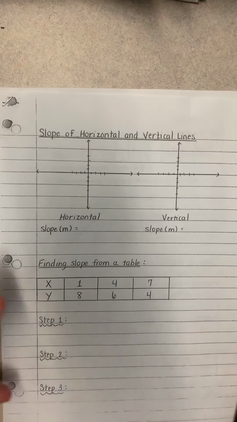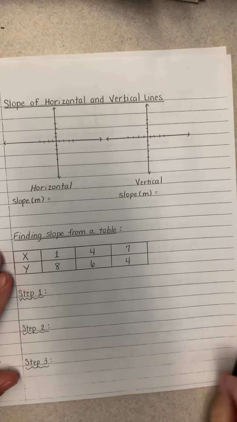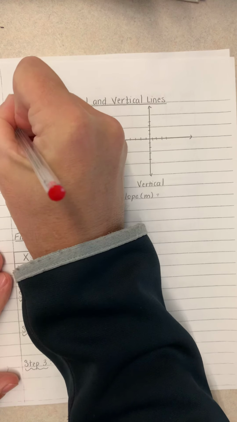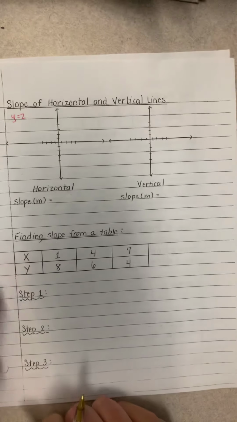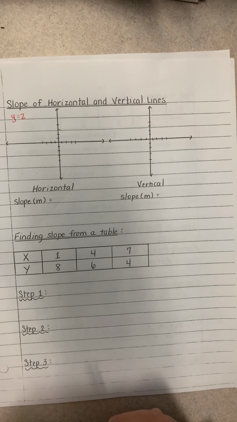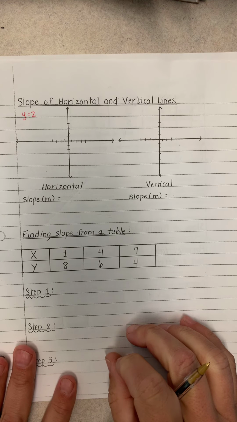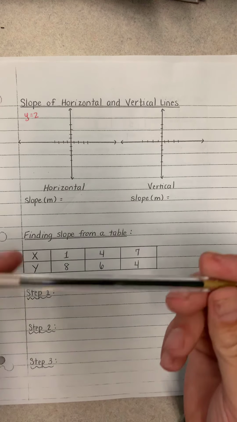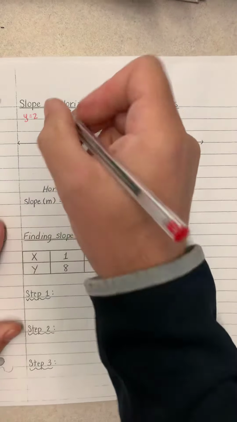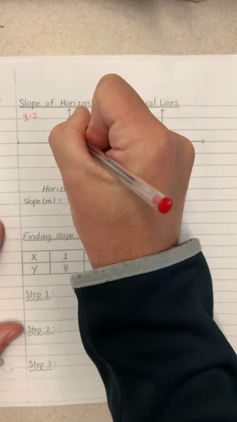Back to red. Let's say I have the line y equals 2. Back in the last section, we made tables and graphed lines of y equals and x equals. This is a horizontal line going through the point 2 on the y-axis.